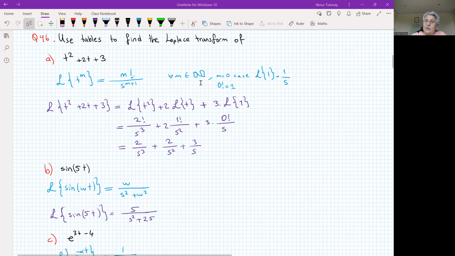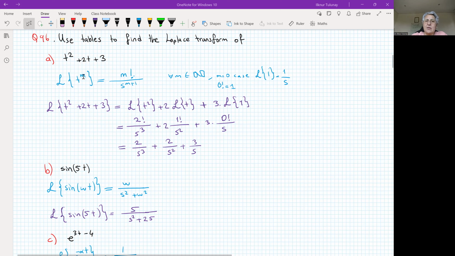Let's start with a very simple one. This is a polynomial. All we need to do is really practice this part of the table. So the Laplace transform of t to the m, where m is a natural number, m is 0, 1, and so on, is m factorial over s to the m plus 1.